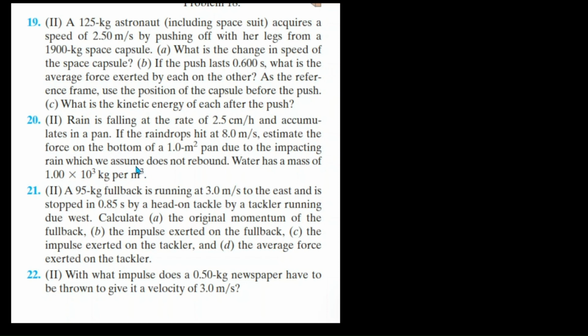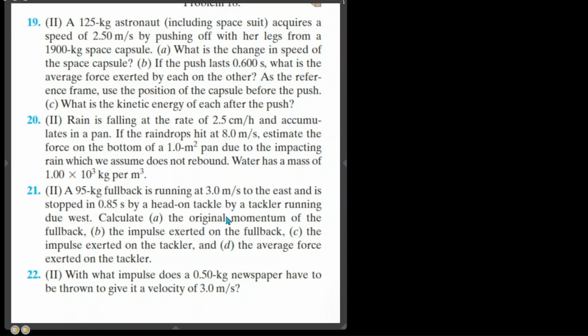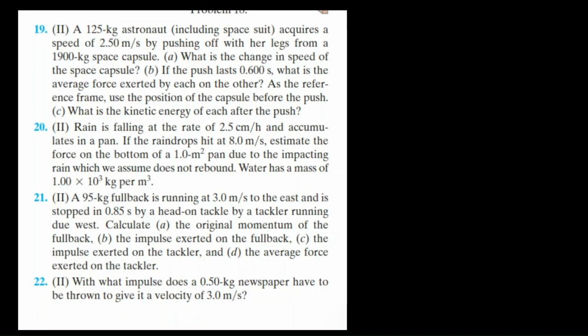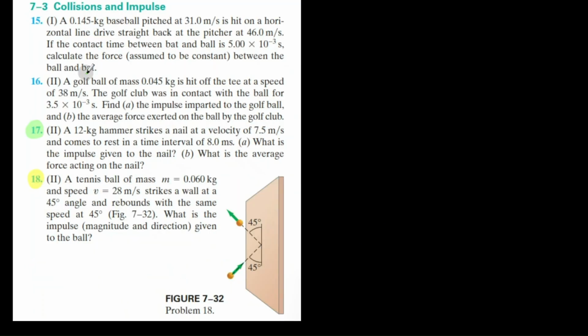A fullback is running to the east and is stopped by a head-on tackle; find the original momentum of the fullback and the impulse. We'll try question number 21 as well. Please go ahead and try question number 18.